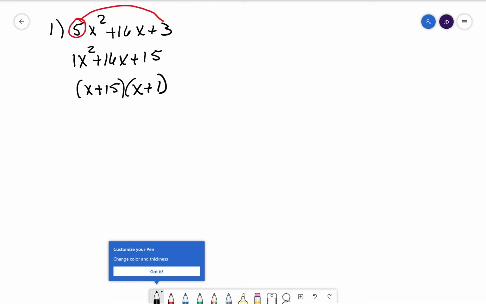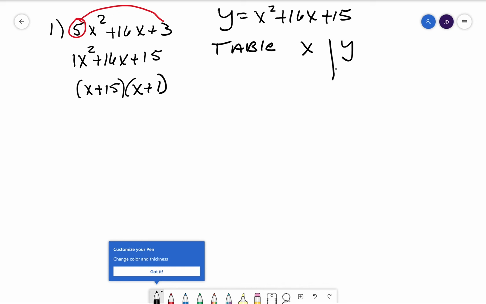Now, if some of you like to go into your calculator, and you go into the y equals, and you plug in x squared plus 16x plus 15, if you go to your table, and you have your x and you have your y, you're going down and you're looking for where there's going to be a 0.